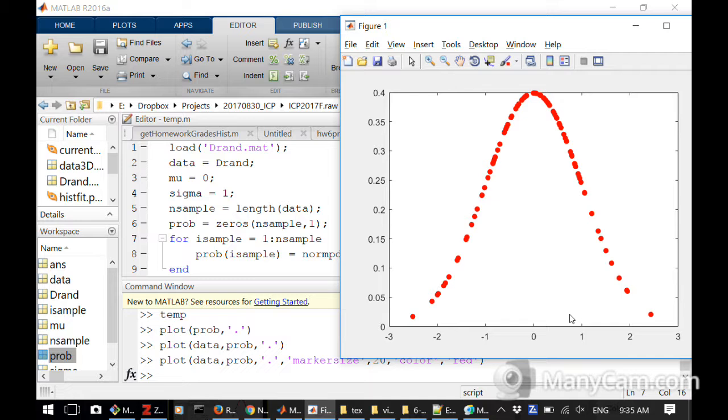So at the beginning we said that our hypothesis was that it comes from a Gaussian distribution, and this is what we get. But now here's one question for you: why do we get so few points in the tails and so many points in the head of this function at the top? Exactly, yes.